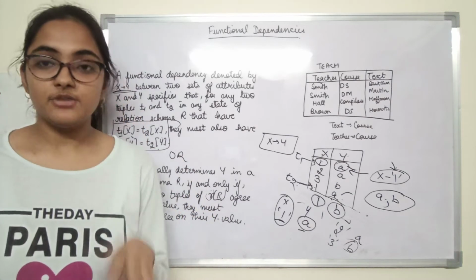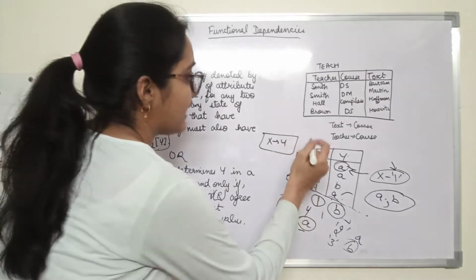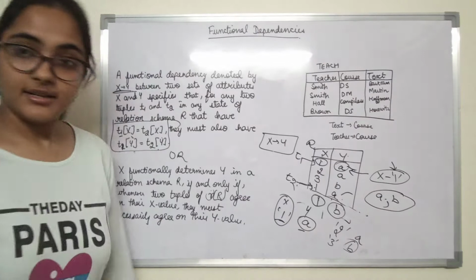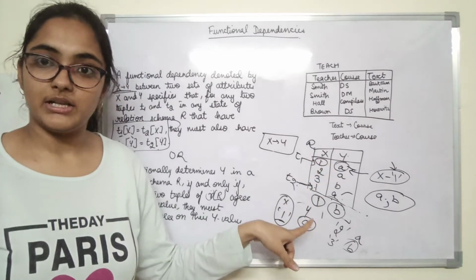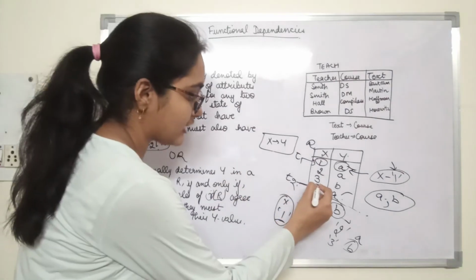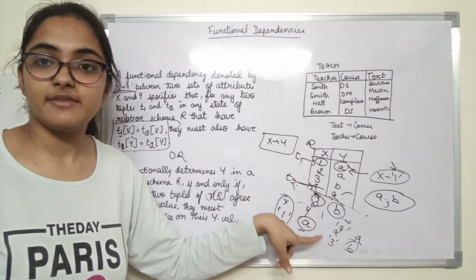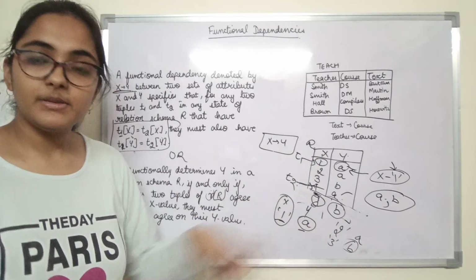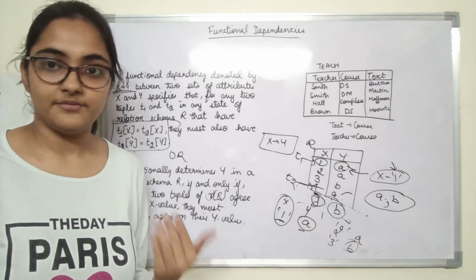Let us say R states that we cannot have the same value of x for more than one tuple, that is, x does not repeat. So x can be 4, 5, 6, but x will never be 1 again because the value doesn't repeat. Then what does it mean? It means that x is the candidate key.